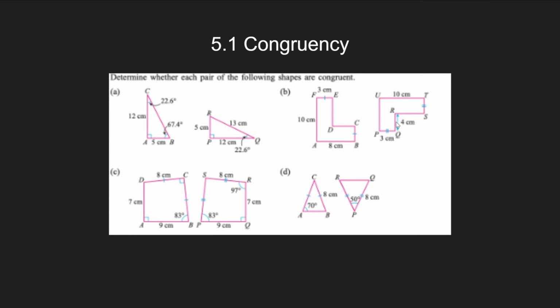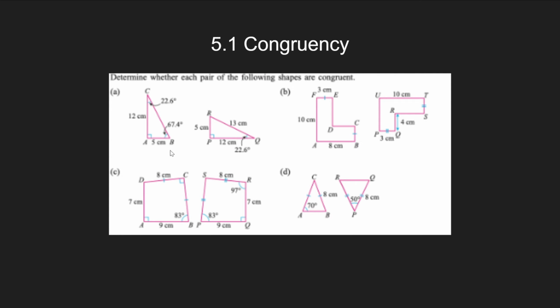RQ is 4. And to confirm it, you can check the length of PU. So PU is 4 plus 3 is equal to 7. So 7 of PU is not equal to AB. AB is 8 centimeters. Hence, both shapes are not congruent.